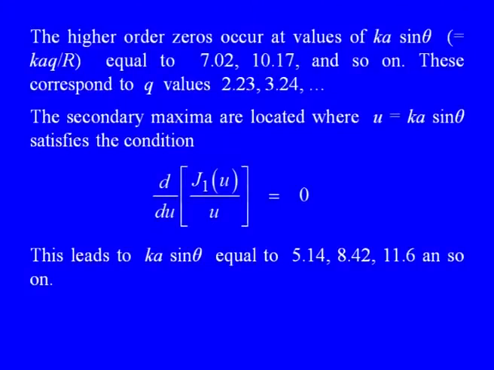So, its derivative, put it equal to 0, get the value of u, and when this calculation is done, K sin theta comes out to be equal to 5.14. So, remember, you had the first zero, then a maximum at 5.14, minimum at 7.02, again a maximum at 8.42, minimum at 10.17, a maximum at 11.6 and so on.